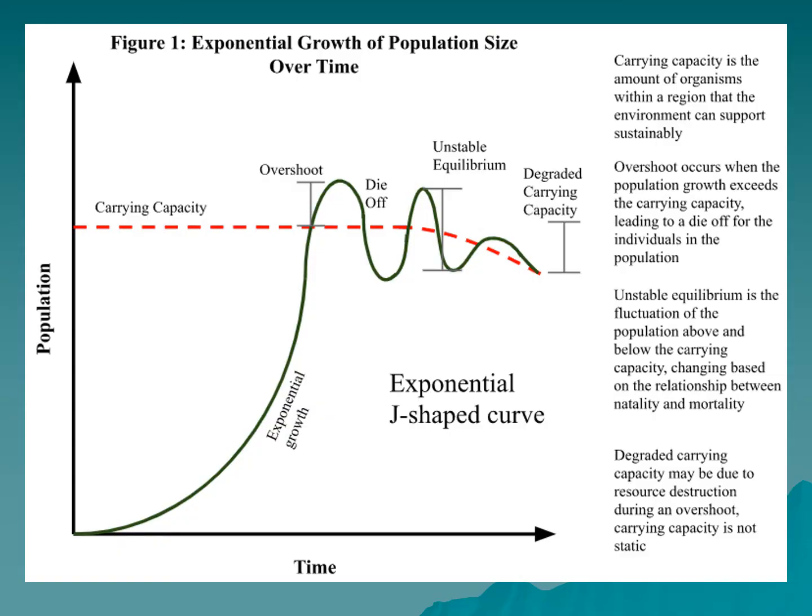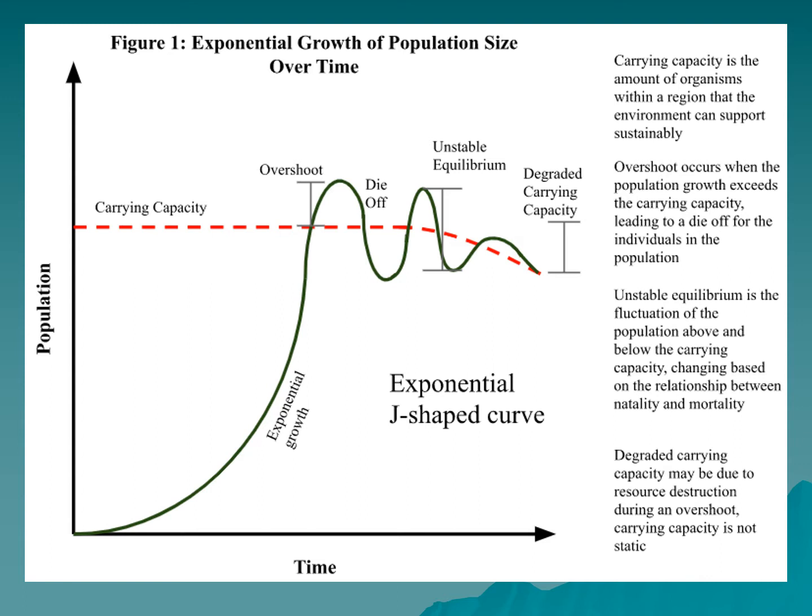So if you look at what a graph of exponential growth and then carrying capacity looks like, you can see that you have this initial exponential growth when it seems as though resources are just available all over the place. And then eventually you reach a point where some of those limiting factors will start limiting the population growth.